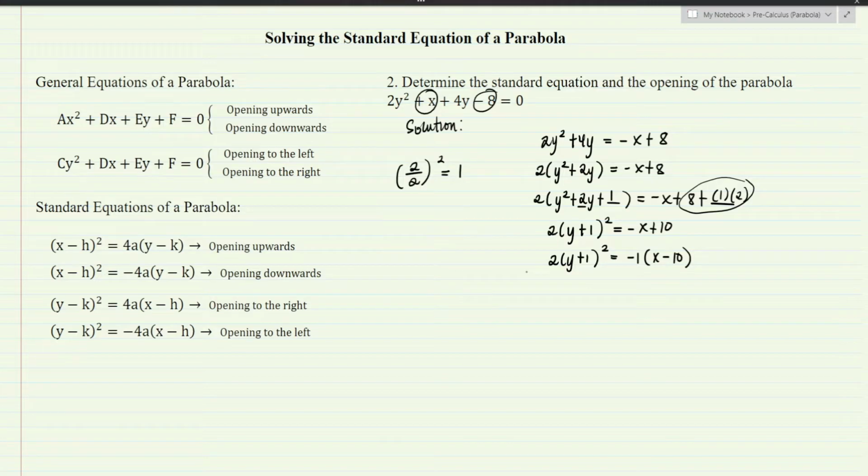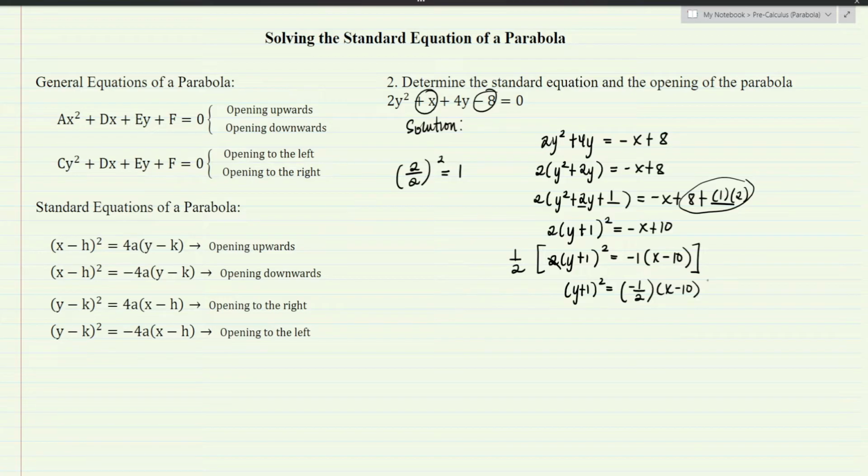Now the last step here is I need to remove this 2 on the left side of the equation. So I will need to divide both sides by 2. And if I distribute it on both sides, these 2 here will cancel out, leaving me with y plus 1 squared on the left side of the equation. Now for the right side, I will have here negative 1 over 2, or negative 1 half, multiplied by x minus 10.